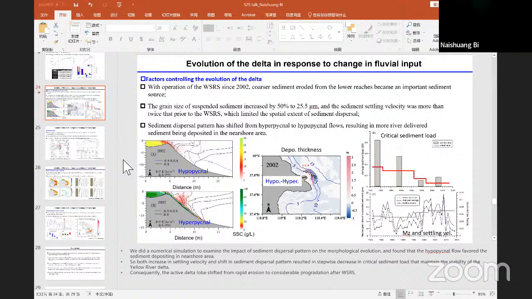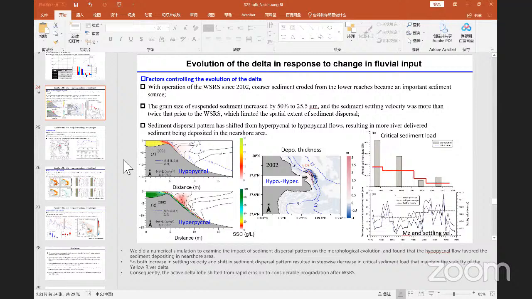However, unfortunately, we only recorded hyperpycnal flow in 2010, when the suspended sediment concentration at Lijin station was greater than 40 grams per liter. That means hyperpycnal flow, I think, dominates the sediment dispersal pattern of the river mouth area. That's interesting.